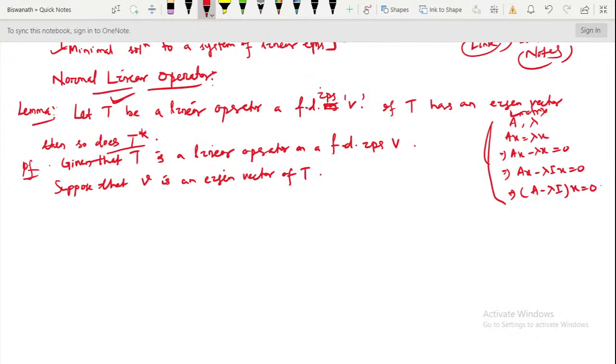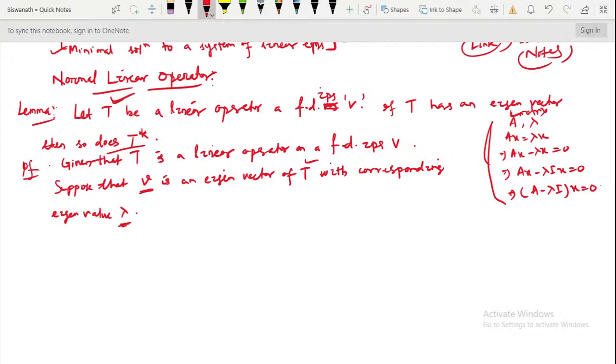What will happen if V is an eigenvector of T? Let V be an eigenvector of T with corresponding eigenvalue lambda. That means T is an operator, and it has an eigenvector V with this eigenvalue lambda.